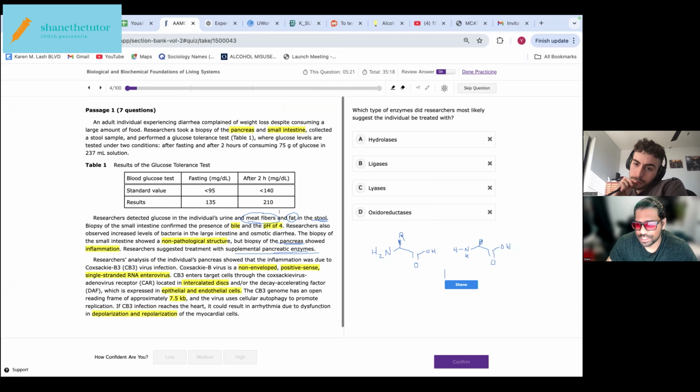So in order for these to bond, what happens? A condensation reaction, or dehydration reaction, where you're releasing H2O.